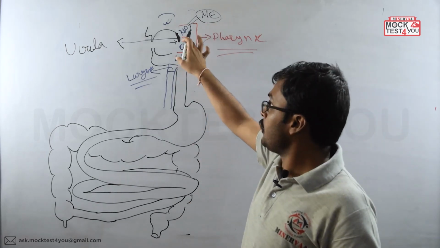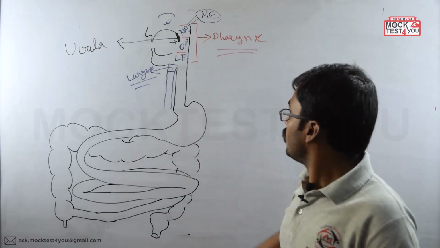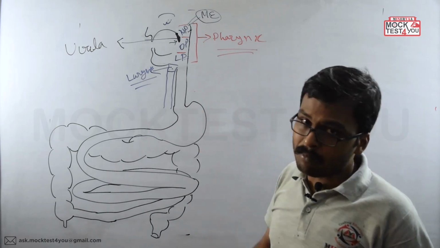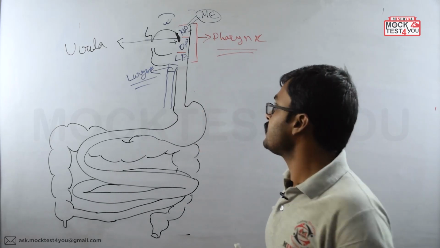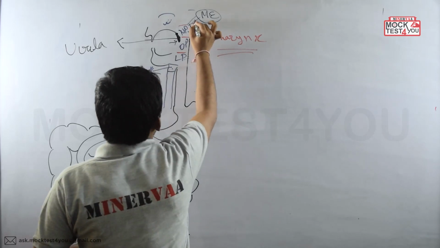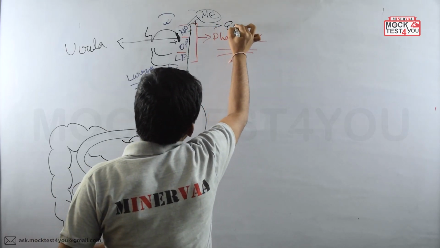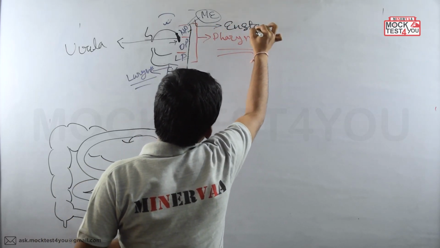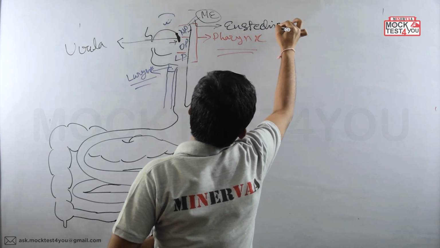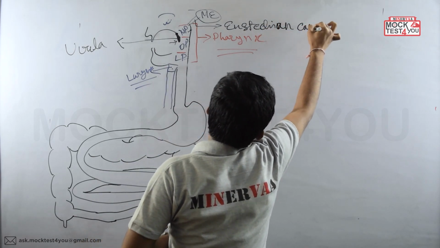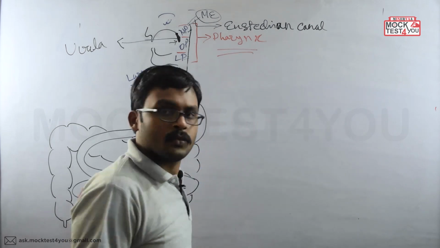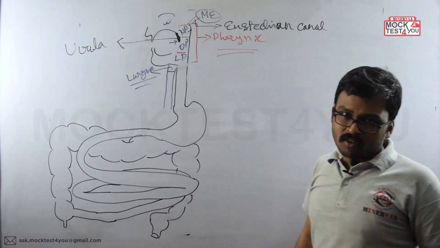The middle ear is connected to the nasopharynx through a pipe, and that pipe-like structure is called the Eustachian tube, or Eustachian canal. Then what is the purpose of it?